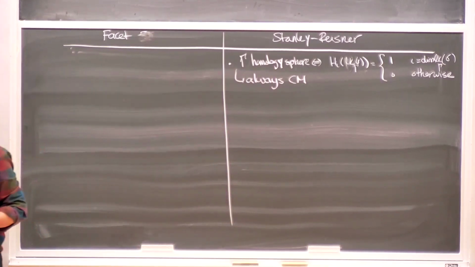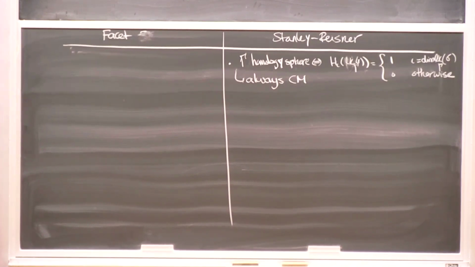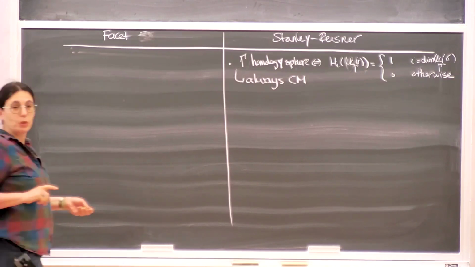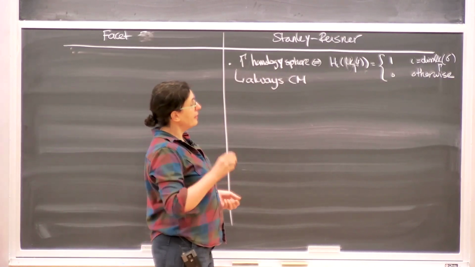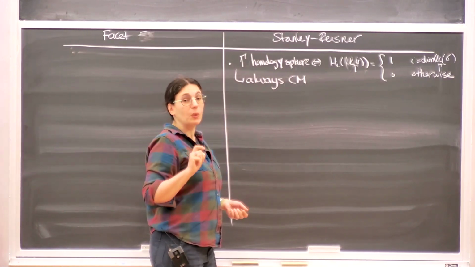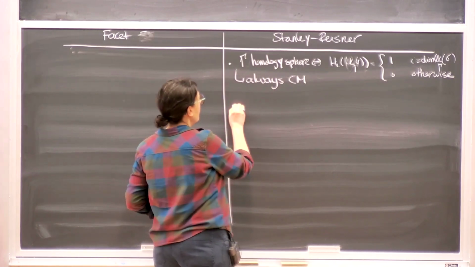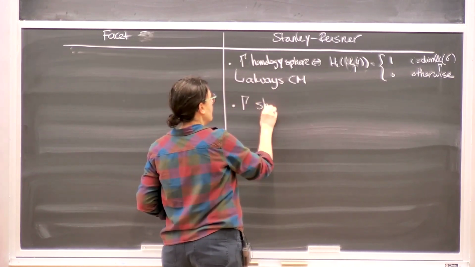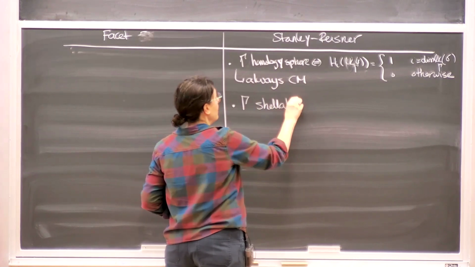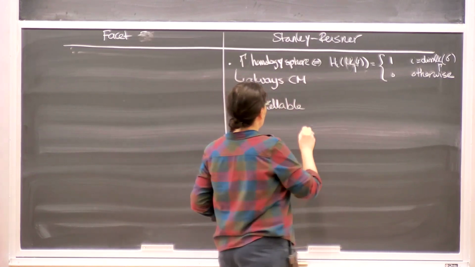Okay. Then there are other things on the Stanley-Reisner side that are known to be Cohen-Macaulay. So one of them that I promised I would do is vertex decomposable ones. Maybe I'll first do shellable complexes. Shellable complexes, these are the most famous example of Cohen-Macaulay ones.